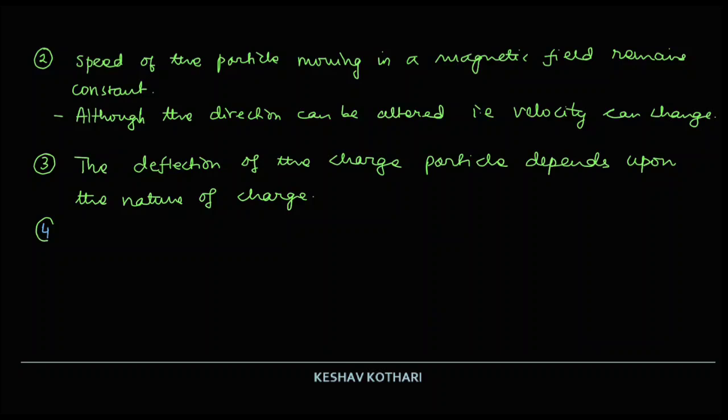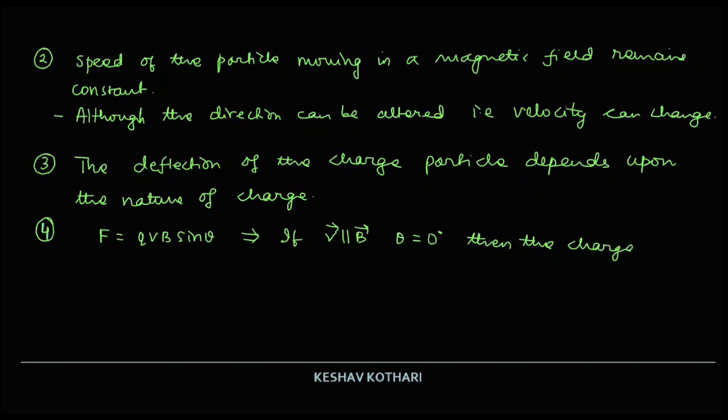The next point which we are stating over here is that this force is equal to qvB sin theta, and hence I can say that if the v vector is parallel to the B vector, or when theta is equal to 0 degrees, then the charged particle will not experience any force.